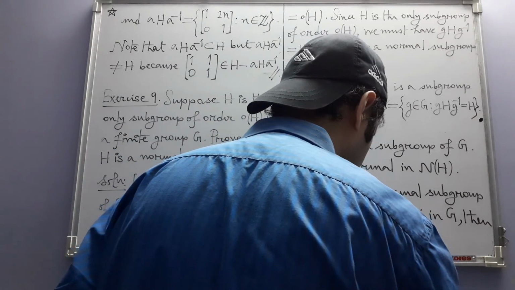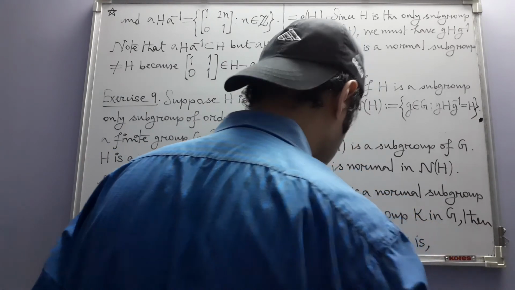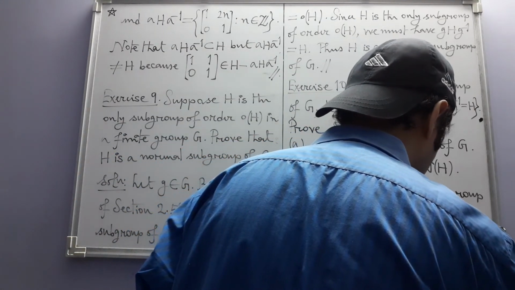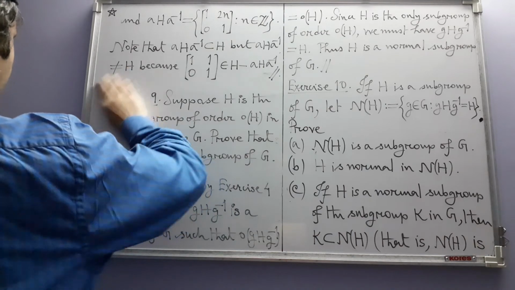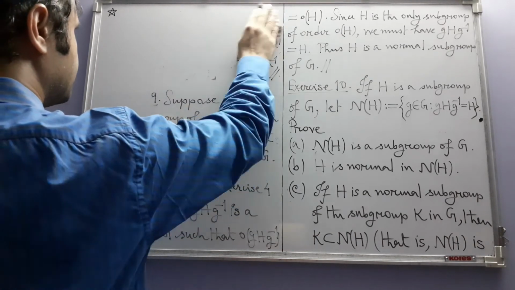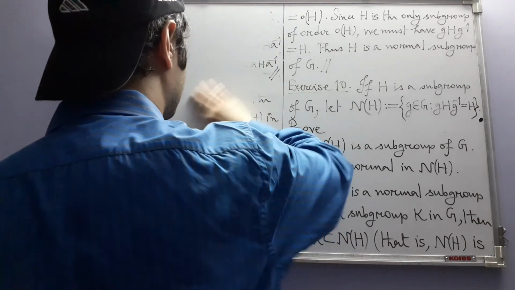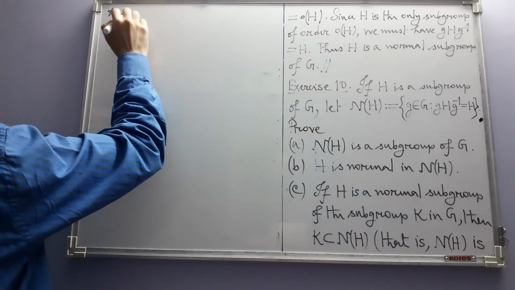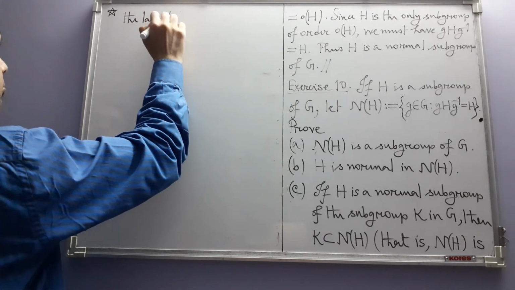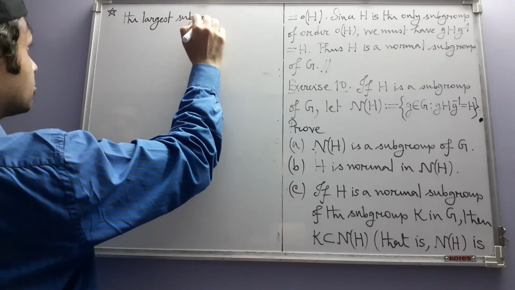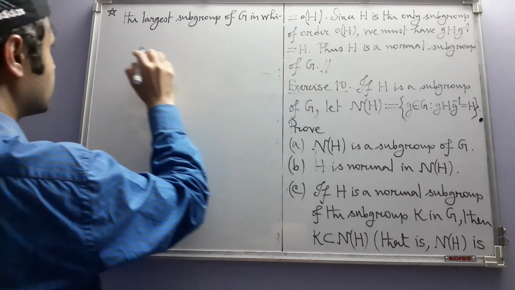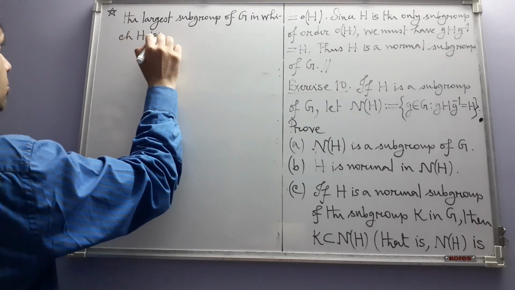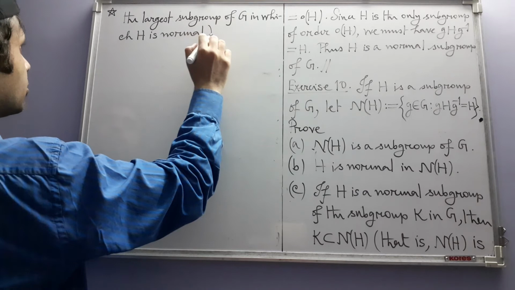That is, the interpretation of this result is this, that N(H) is the largest subgroup of G in which H is normal.